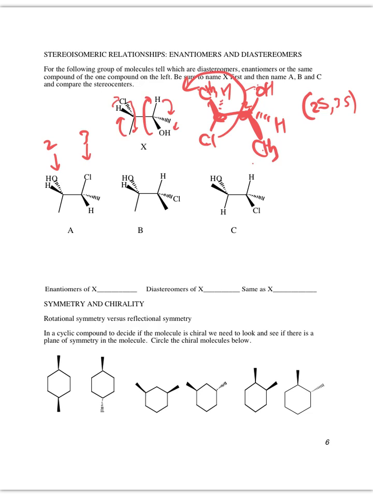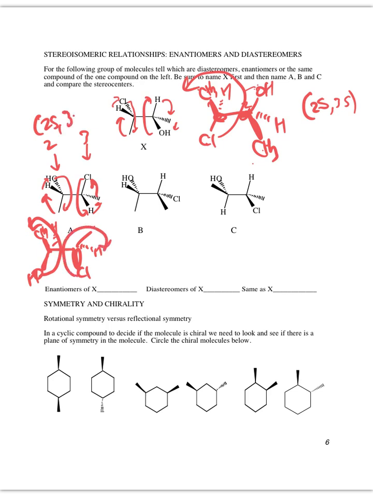So if we rotate the H in back, the OH down here, the methyl up there, redraw it, and then do the same thing here, methyl up there, chlorine down here, chlorine, hydrogen, methyl. So carbon 2, with the OH, is going to be S here. Carbon 3 is going to be R.